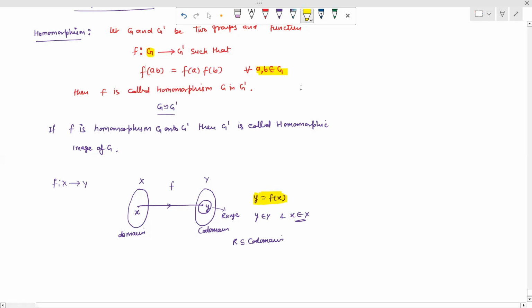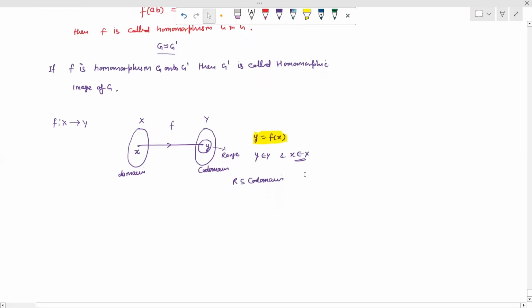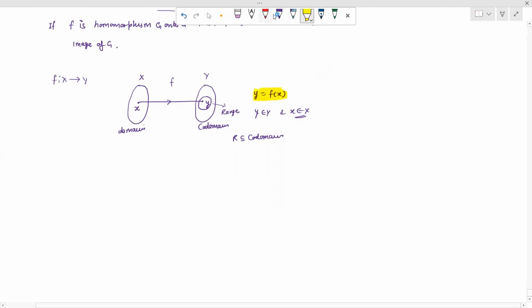Now, for solving problems related to homomorphism, we take examples to understand easily. So the first example: let G be the group of real numbers under addition, addition being the operation, and another group G dash, the set of positive real numbers under multiplication.